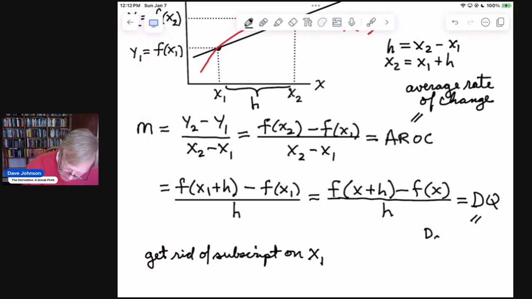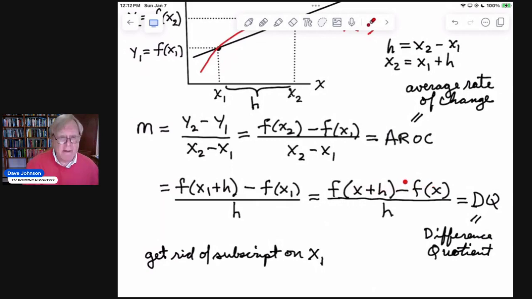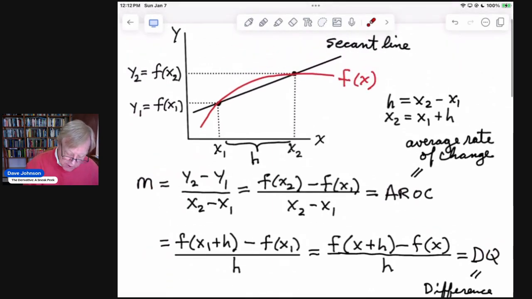In other words, it's a quotient of differences. The numerator is a difference between two y values. The denominator, h, is a difference of two x values. And so we have now seen that the average rate of change is the same as the difference quotient, and it's the same as the slope of our secant line, which we started with.